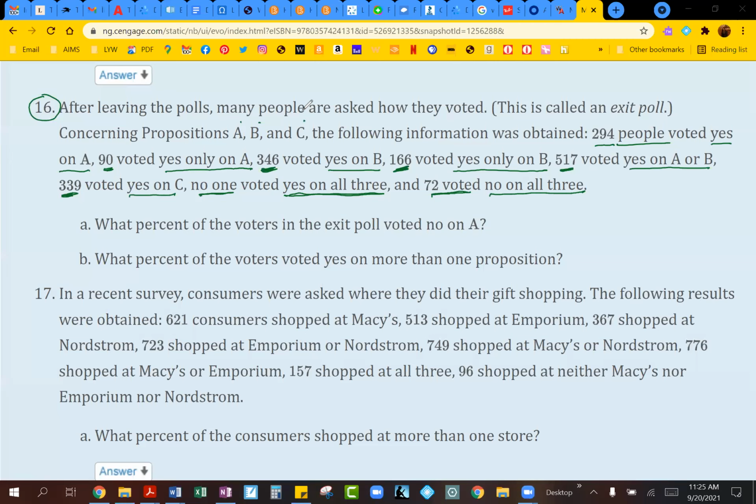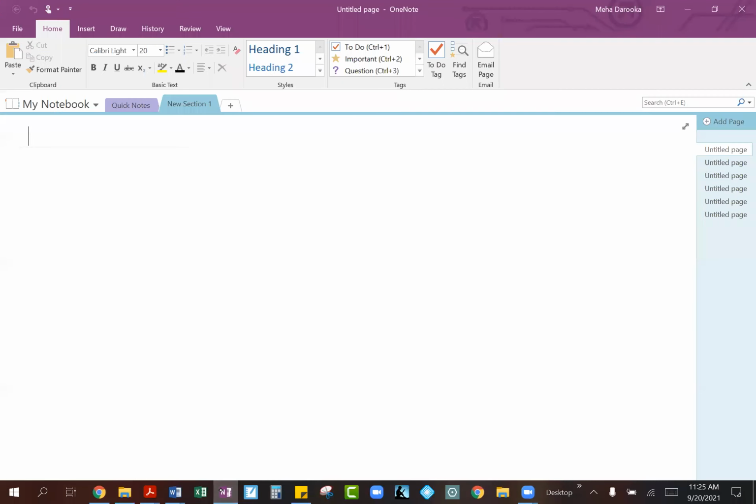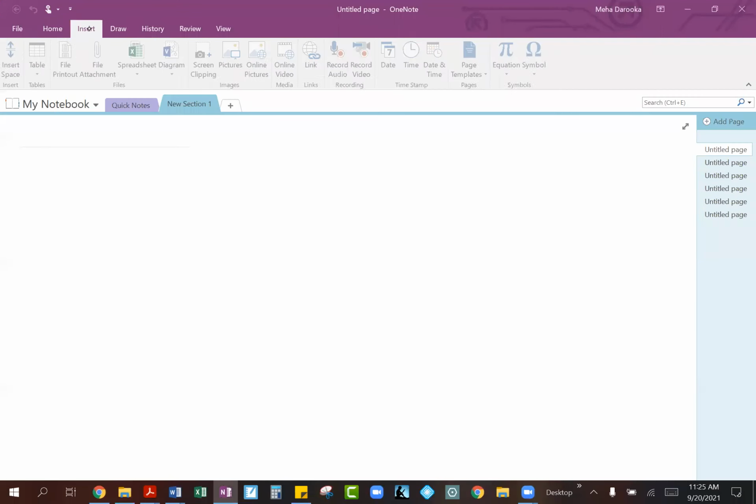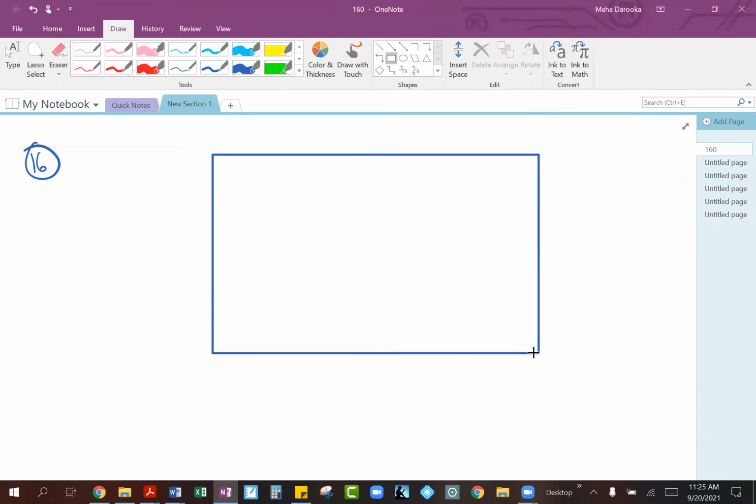So let's take a look at what the circles might end up looking like. Let's clear this out and get into our notebook here. This is number 16. We'll start with whatever information we have on hand.